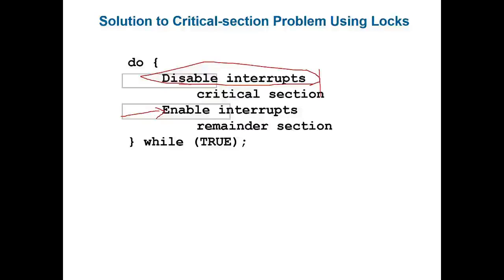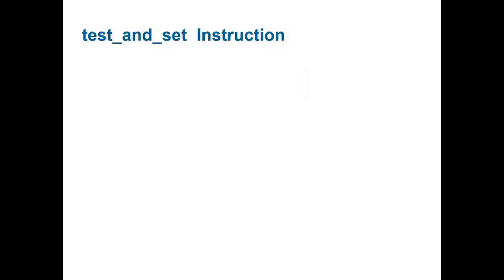Here, in order to disable the interrupts, the instruction has to be sent specifically to all the processors, saying that a specific process is going to enter into the critical section. So such an instruction has to be sent to all processors. To solve this problem and to achieve mutual exclusion in a multiprocessor system, test and set instructions are used.